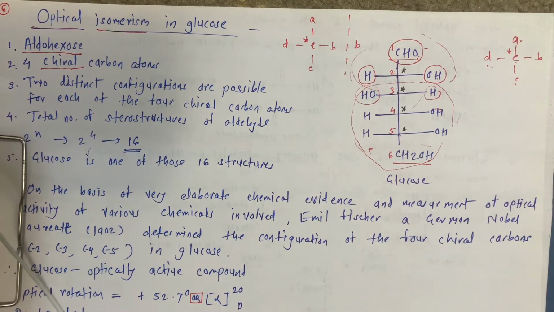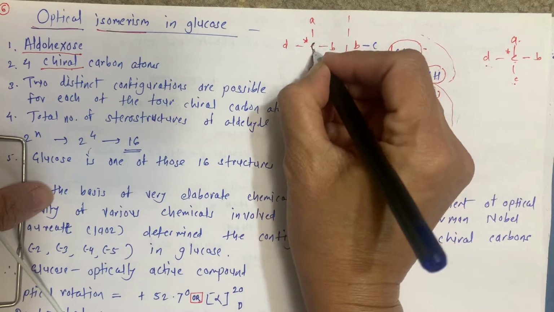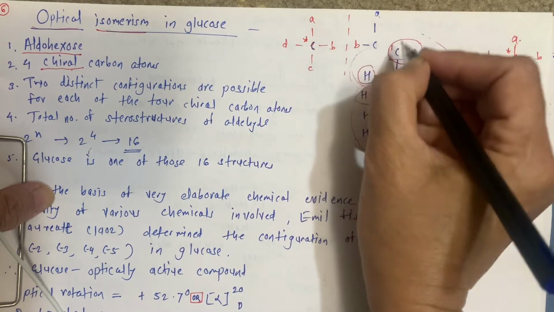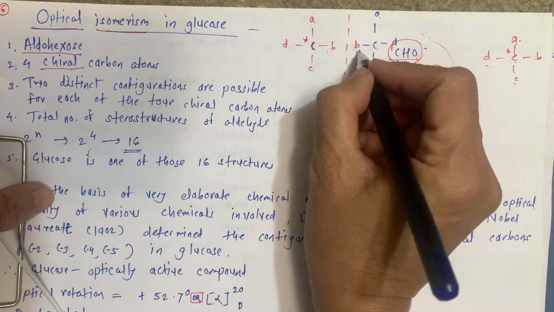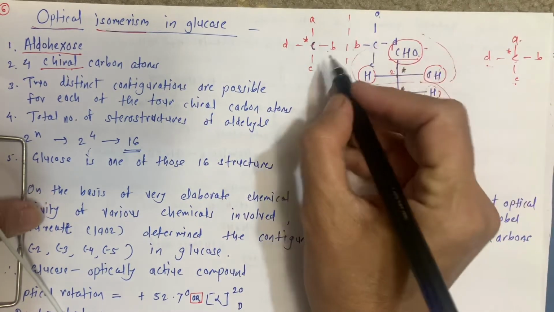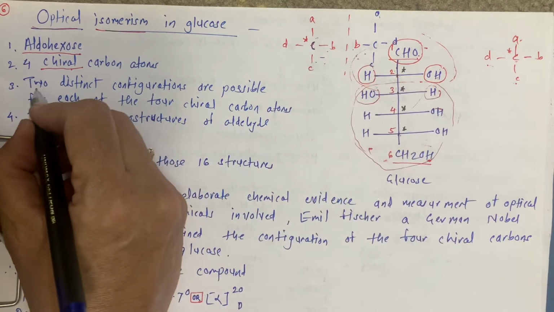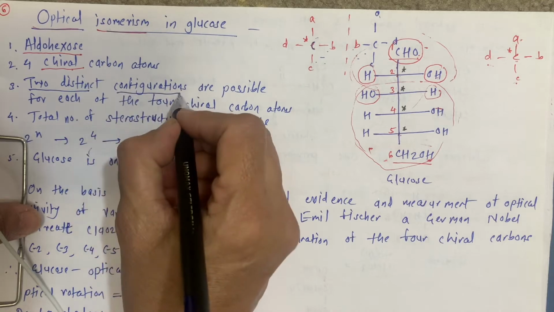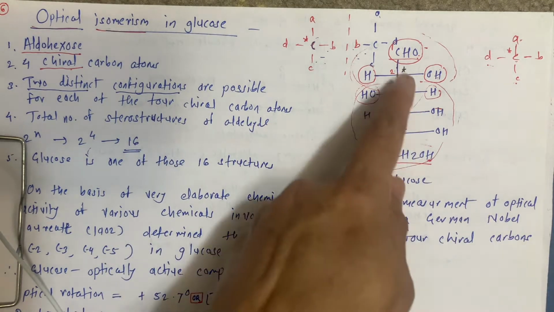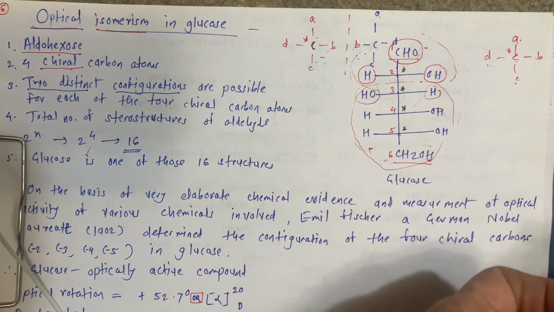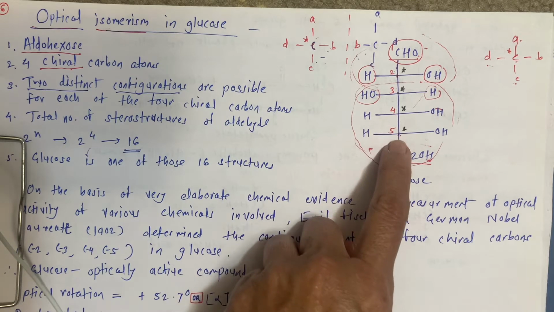See now here, this is the carbon, then here it is A, then here it is D, and here it is C. The position of B is now like this. Here it is a mirror image. So these are two distinct configurations around this chiral carbon atom. So here it is written, two distinct configurations are possible for each of the 4 chiral carbon atoms. Everywhere it is possible, meaning all these 4 carbons will show distinct configurations.